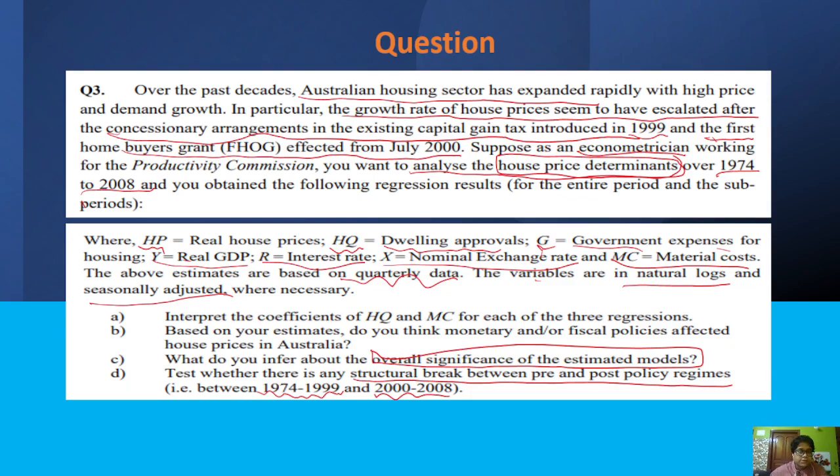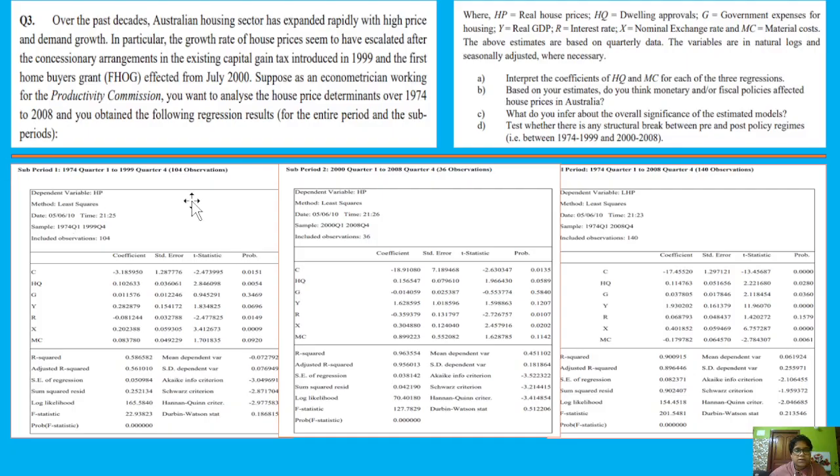Now let's see the data. This top portion is the questions, and these are the data for period 1, that is 1974 quarter 1 to 1999 quarter 4. This is basically 104 observations, and the next sub period is from 2000 quarter 1 to 2008 quarter 4.